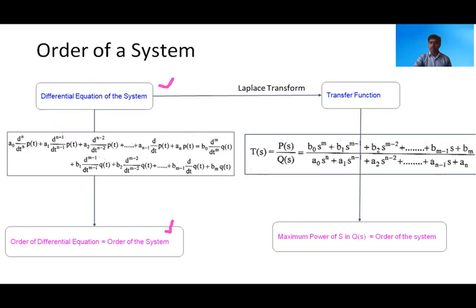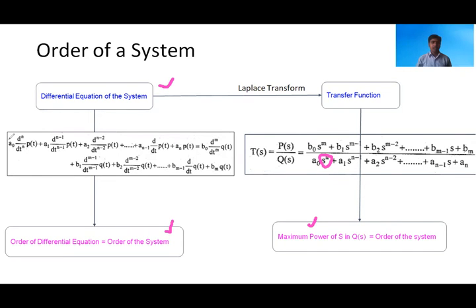We have numerator term and denominator term in S terms. So the power of the S in denominator indicates the order of the system. So the maximum power of S in denominator gives the order of the system.